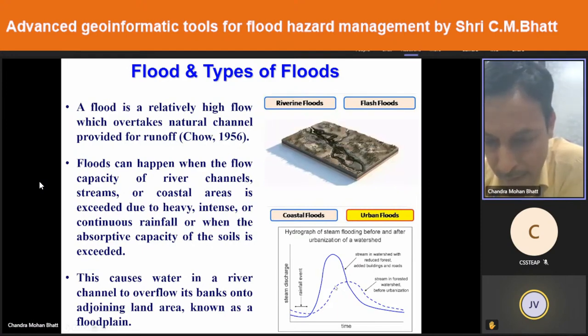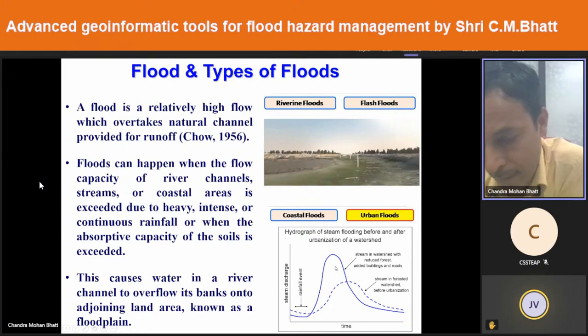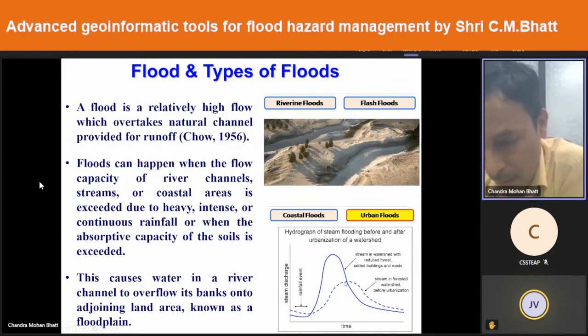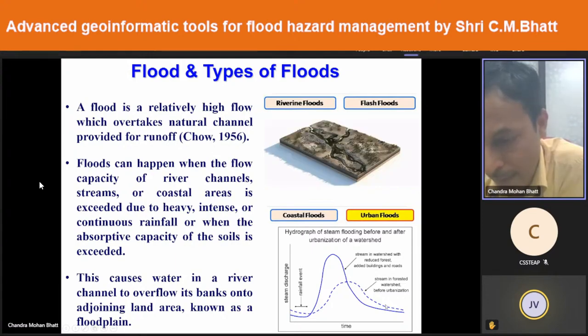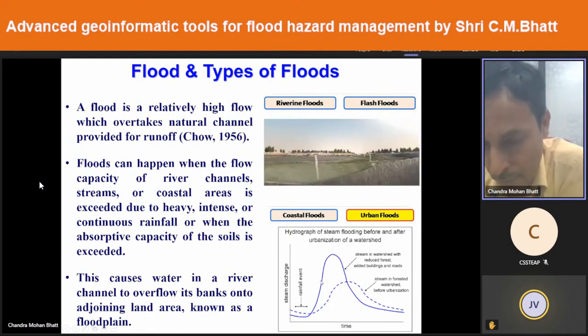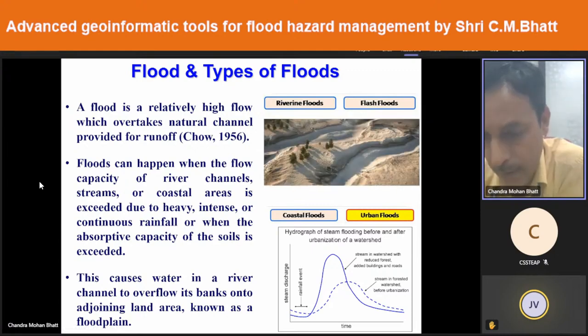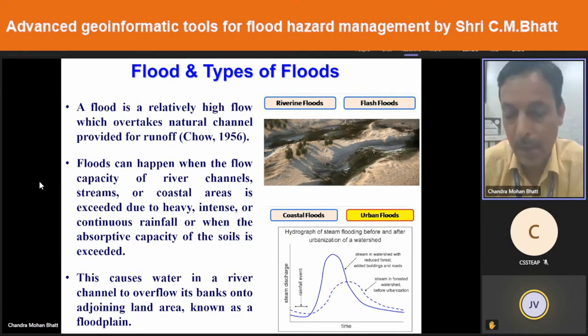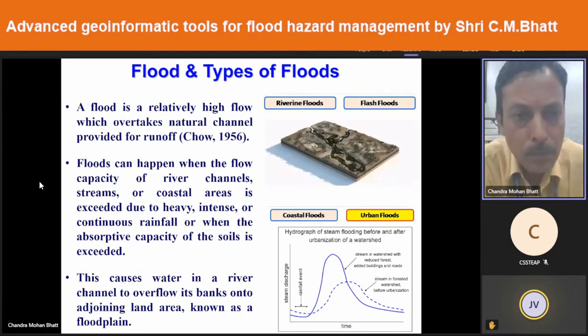You are seeing on the right side the hydrograph. There are two hydrographs. One is before urbanization, which has a lower peak and is relatively flat, whereas the other has a sudden peak, because there is no infiltration of the water, and whatever water falls on the surface of the earth turns into runoff and causes most of the damage, especially in the urban areas.